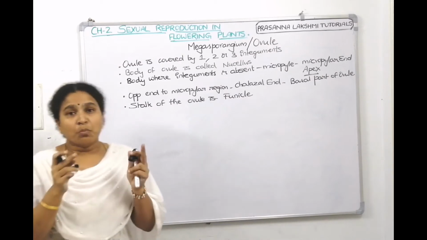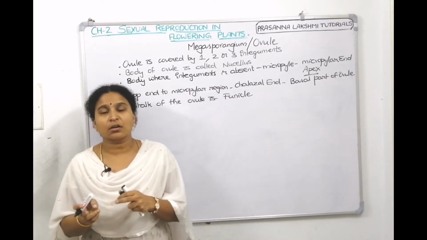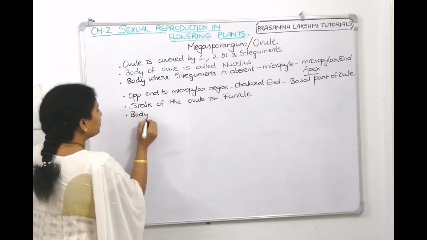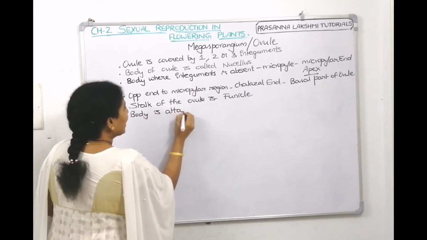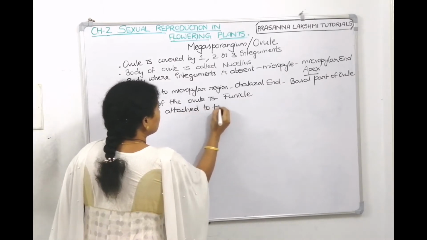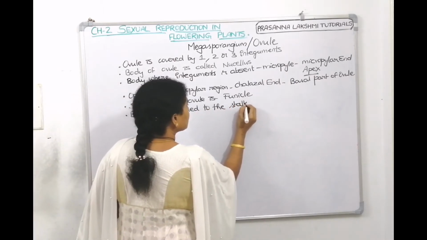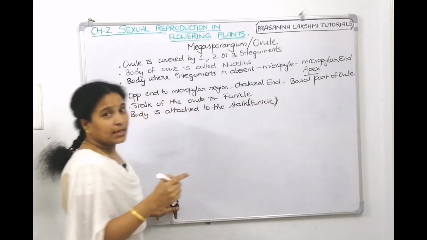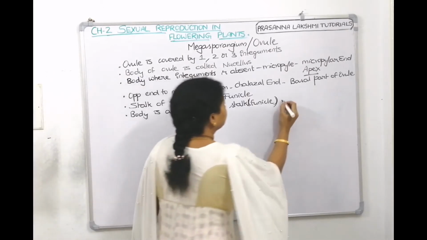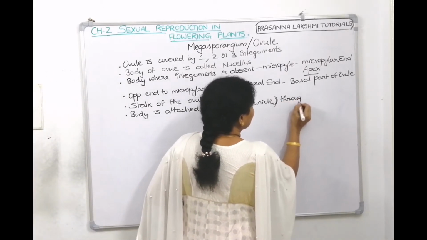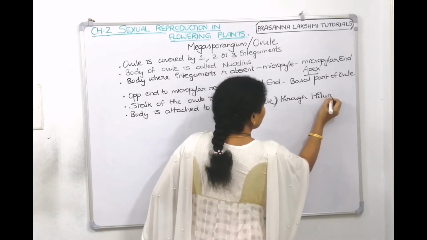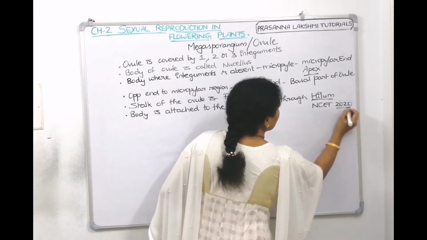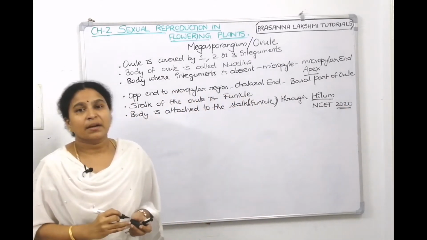The body is attached to the stalk, the funicle, through the hilum. I told you this point came in the NEET 2020 UG question paper.